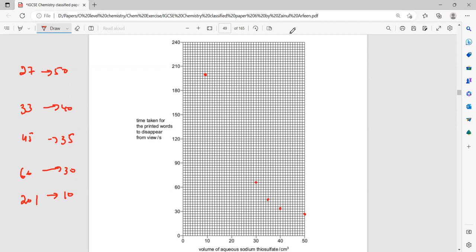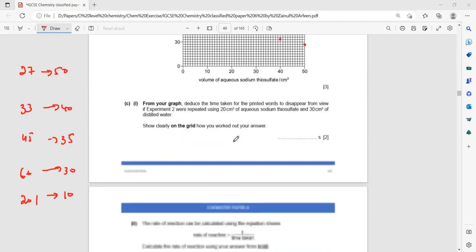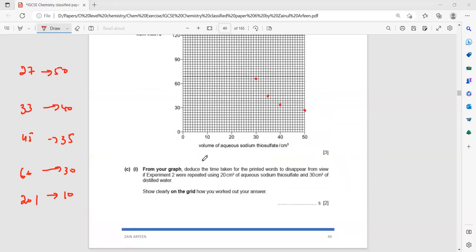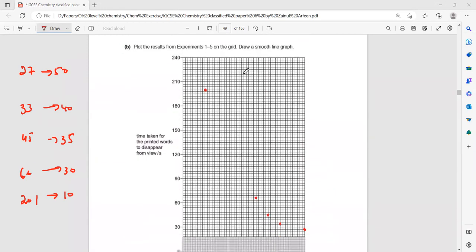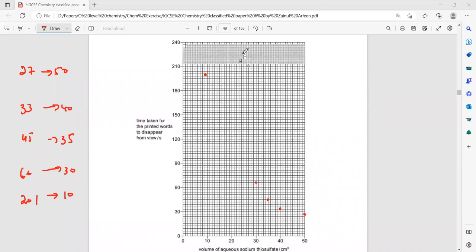So these are the points. From your graph, we then have to draw the smooth line, so we have to join these points.